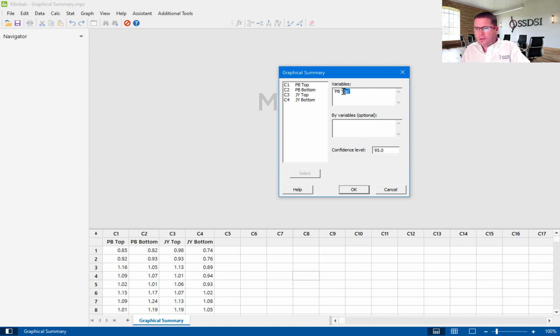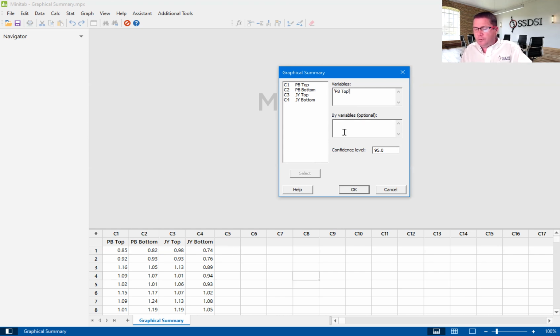Another way you could add data to variables is, you have to make sure that your cursor is in variables, then you can select it and come down here and select. Now, if I had maybe two sites that produce PB top, and I had a column over here called site, then for every row of PB top data, I would have either site 1 or site 2.